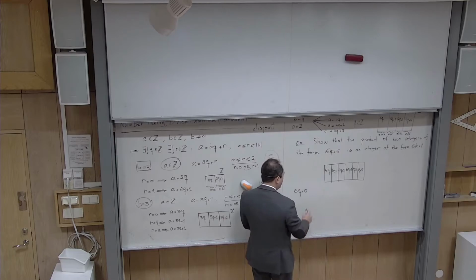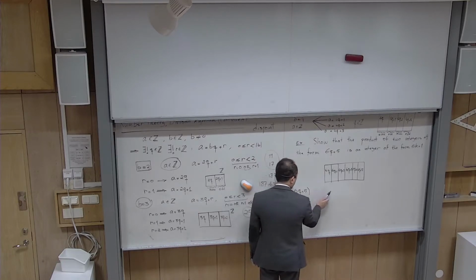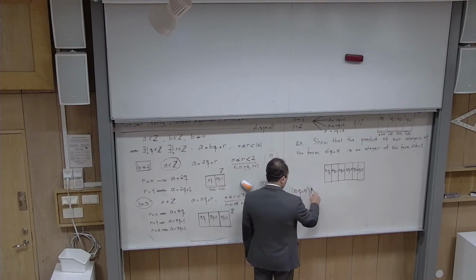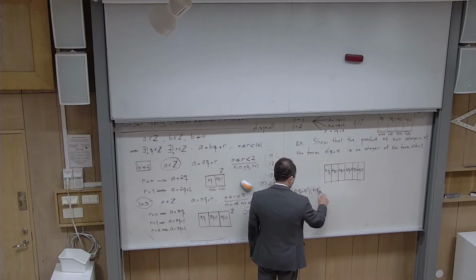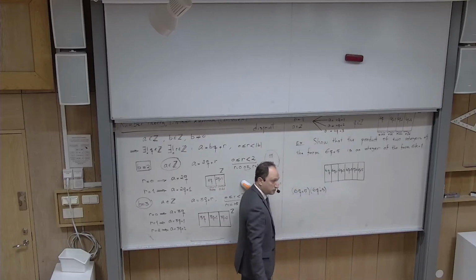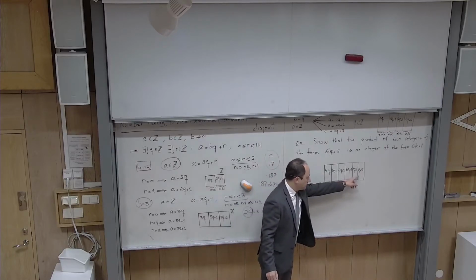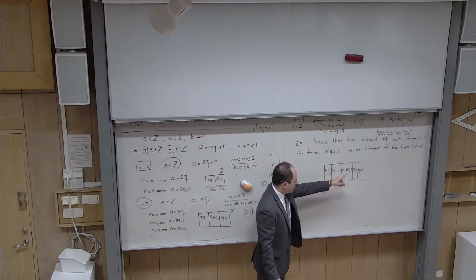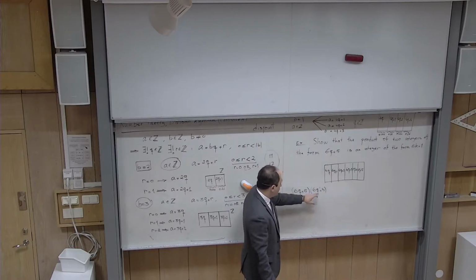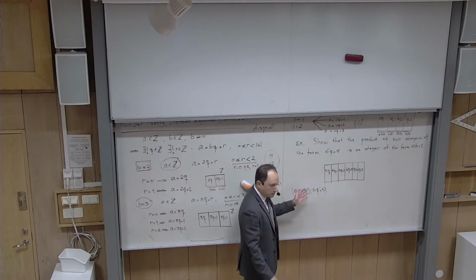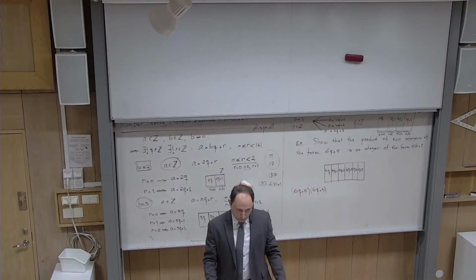Let me choose another number from this group. So what should I write for that? I should write 6q prime plus 5. So this is one number from that part, and that is another number from that part. I can, of course, choose q and q prime the same, but that is not always the case. So I am separating the names.